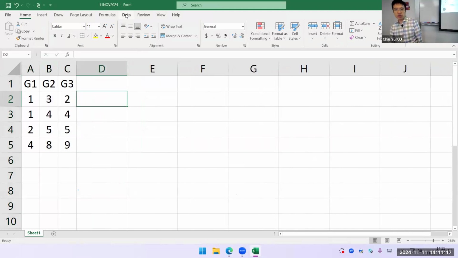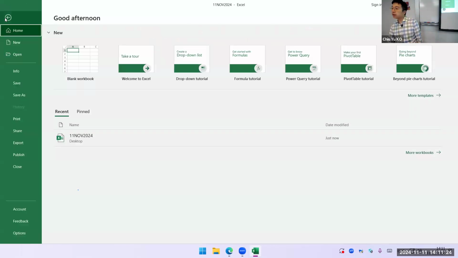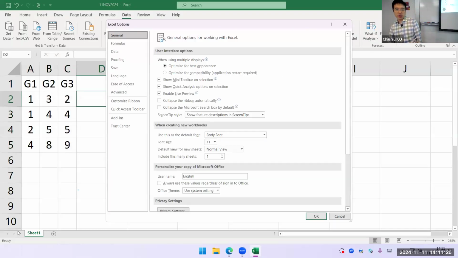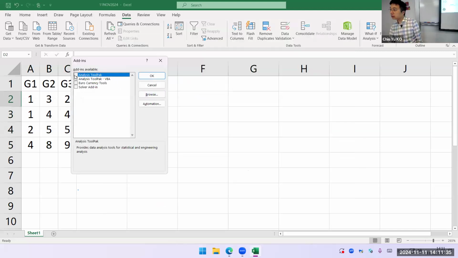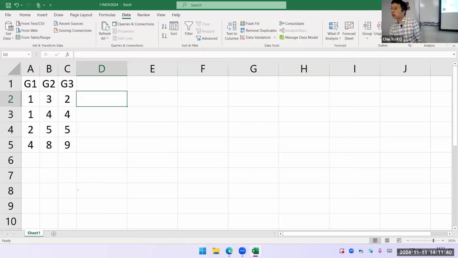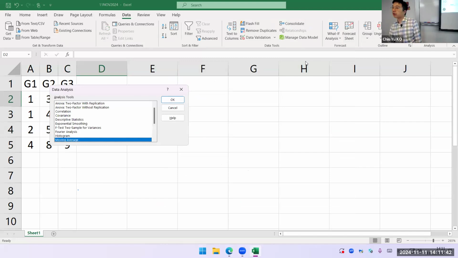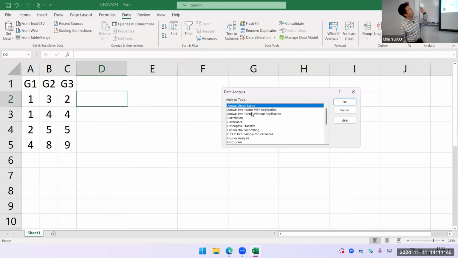How we do that is we go to Data, then Data Analysis. You go to File, Options, Add-ins, and remember to add the analysis pack here. Once you have that, click apply. I think we did that last time already. So what's left is the very first one, ANOVA single factor.